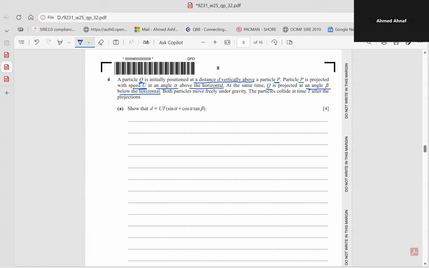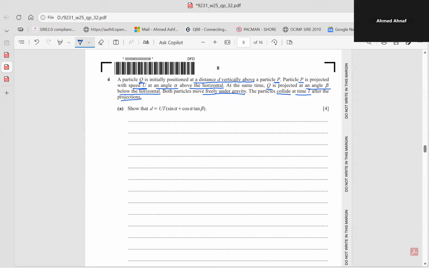So both particles move freely under gravity, so pure projectile motion, and the particles collide at a time t. So they collide after the projections. From this last part, we can infer that they travel the same horizontal distance, and the total vertical heights have to add up to d, and they did it in the same time as well.